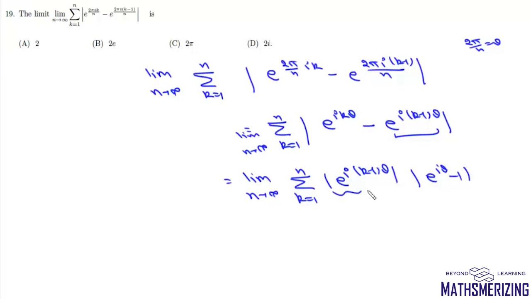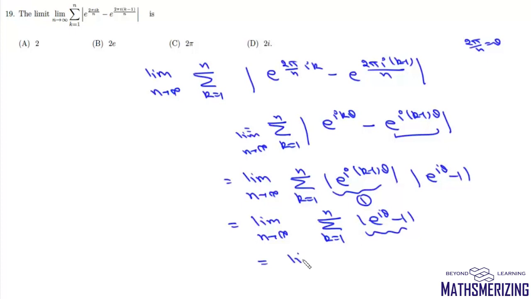Now the modulus of e^(iθ) is simply 1. So this value will be 1. So we can write this as the limit n tends to infinity of the summation, k from 1 to n, of |e^(iθ) − 1|. Now this expression is independent of k. So it will actually be the limit n tends to infinity of n·|e^(iθ) − 1|.